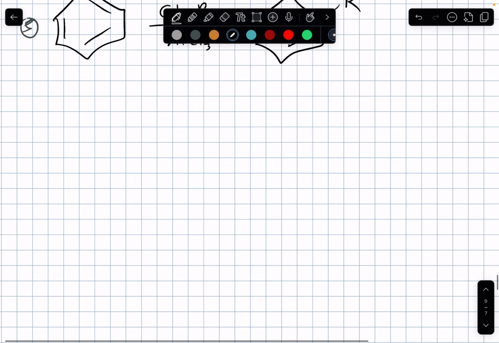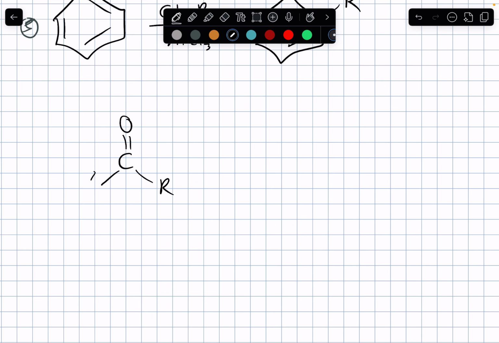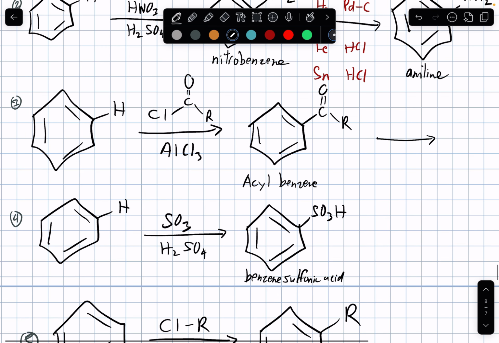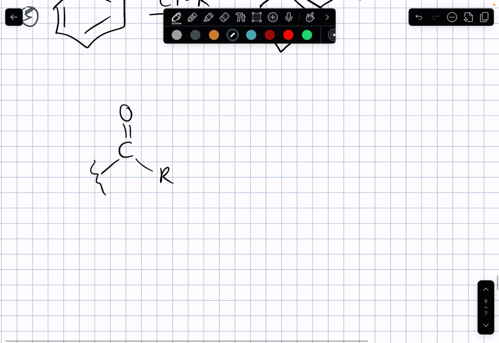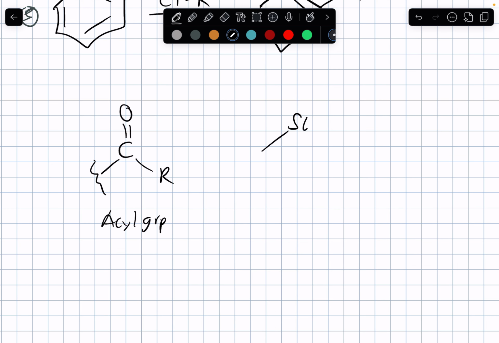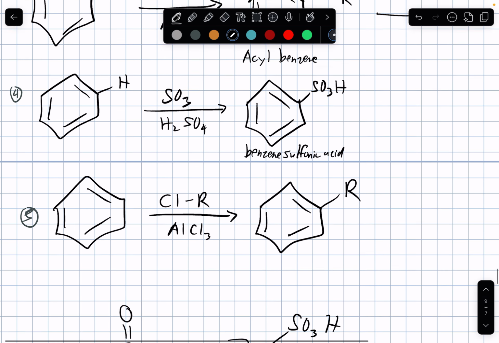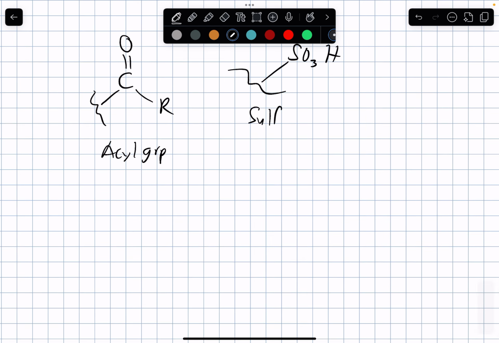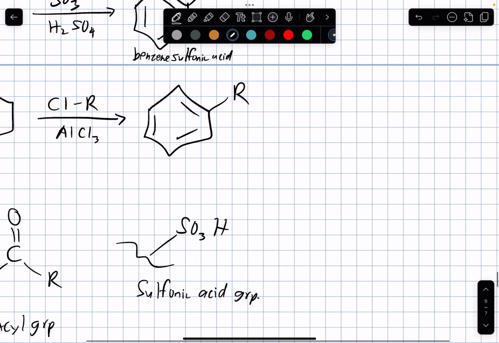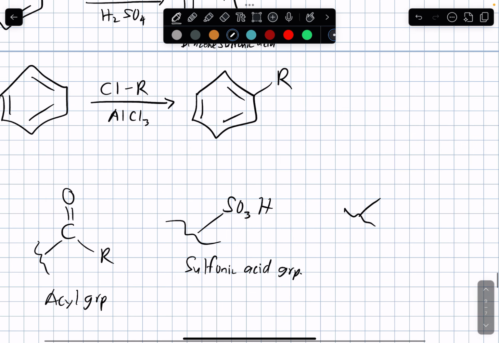Okay. For clarifications, there are some things you have to know. I'm gonna emphasize these. So this is an acyl group. It's a requirement for FC acylation. And this is a sulfonic acid group, the product substituent you see in sulfonation. There is also the alkyl group, simply just an R. Okay?